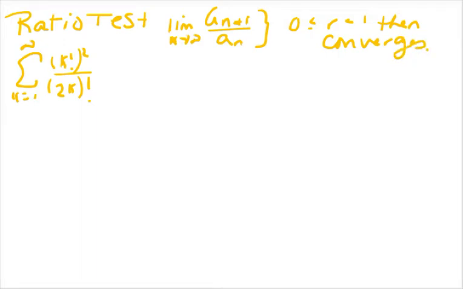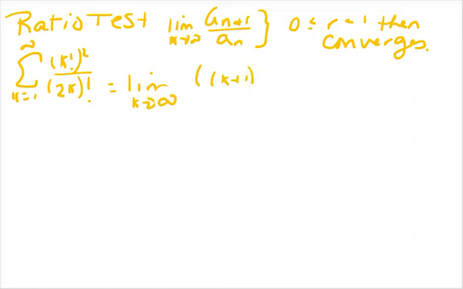Okay, so the setup of the problem. I tried to go around the classroom on Wednesday to see if you were setting them up okay, and I think everybody was able to do that. So the limit is k goes to infinity. The numerator is k plus 1, so wherever there's a k, you replace it with k plus 1.